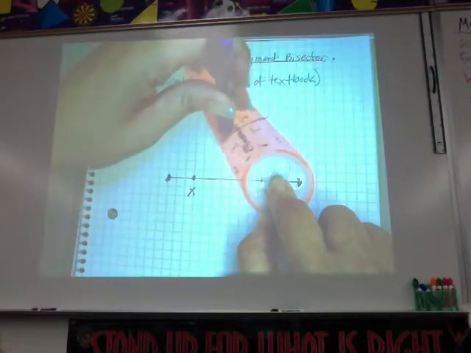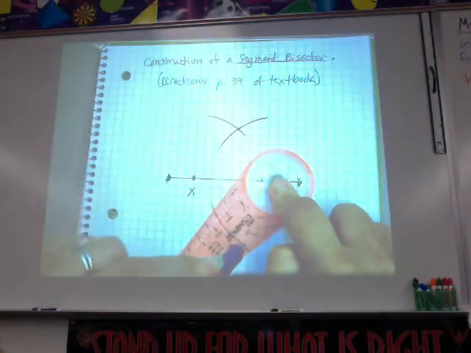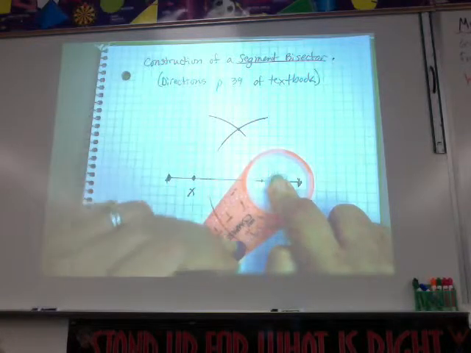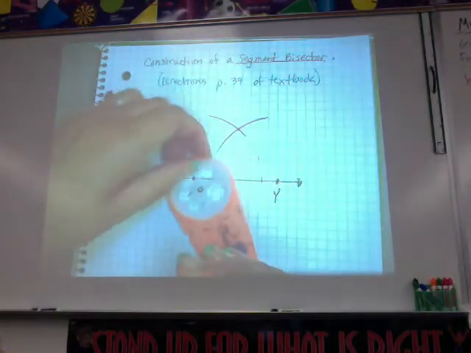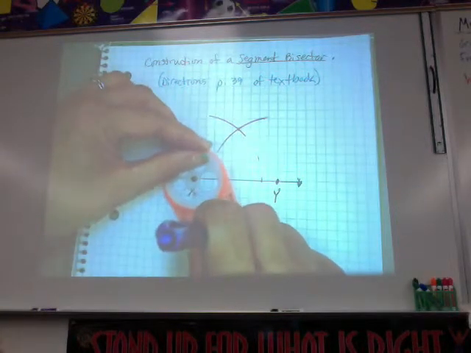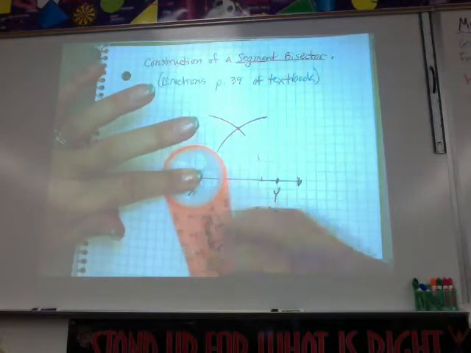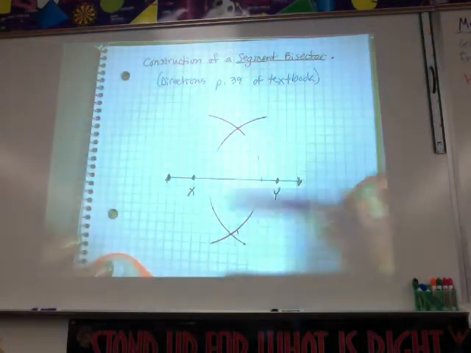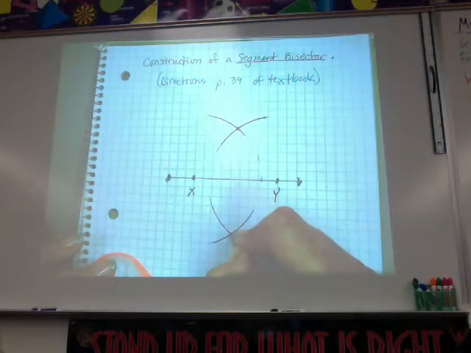Then make an arc down below here. You could have made a whole half circle if you wanted to. Keeping your pencil in the hole, the same width, put that brad on X and make another arc below, so it looks like an X. Now you have two X's. You have a point right here and a point right here.